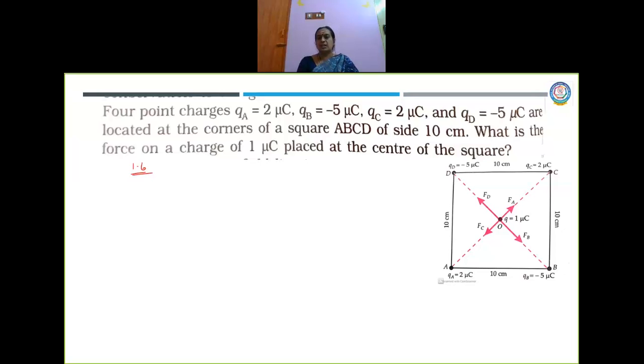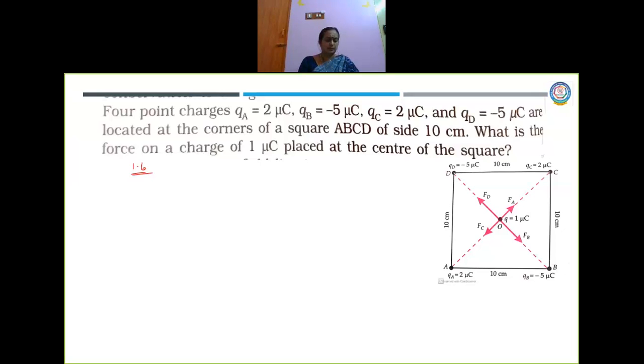Now all these charges are located at the corners of a square ABCD of side 10 centimeter. What is the force on the charge of 1 microcoulomb placed at the center of the square?